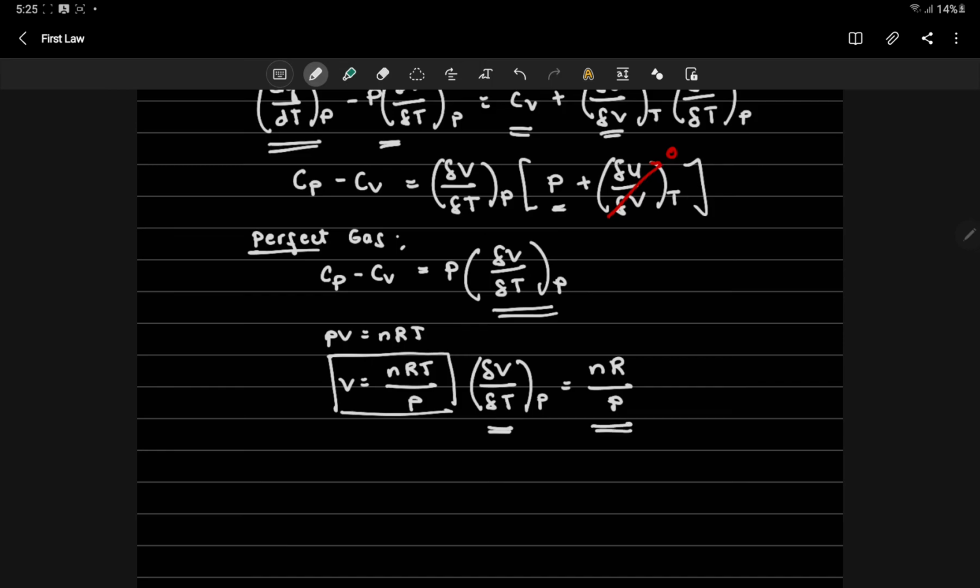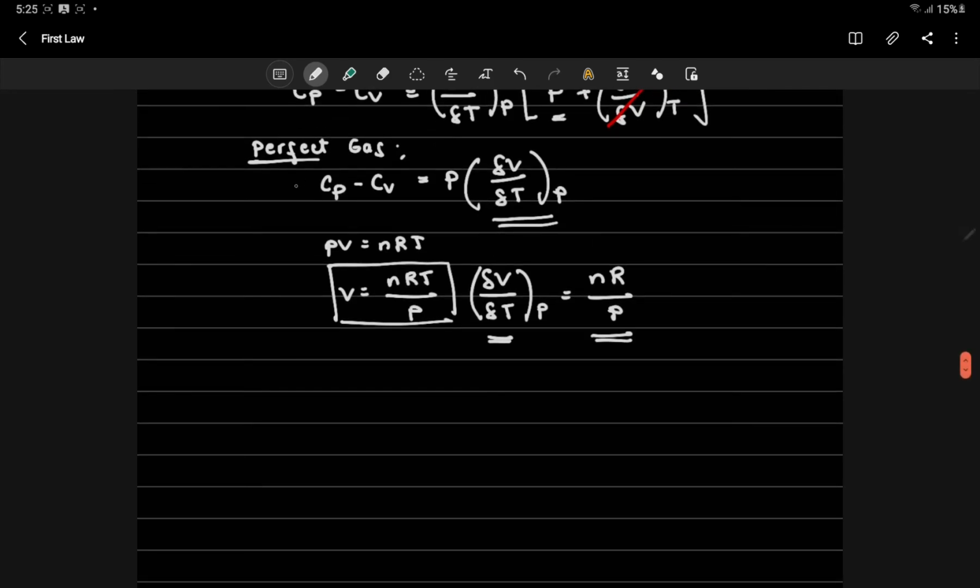Rule of differentiation. So, nR over P na lang. So, tuloy natin dito, Cp minus Cv for perfect gases is equal to P times yung ang nahanap nating expression na nR over P.